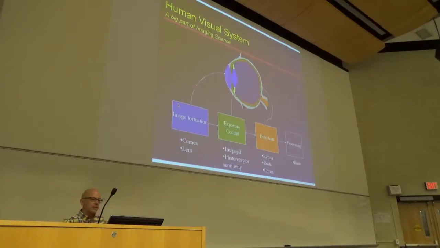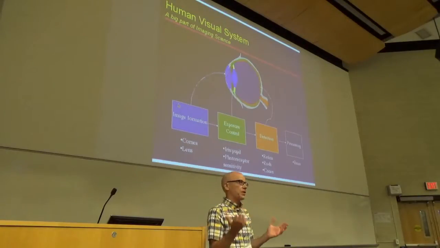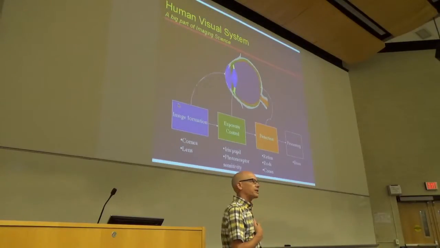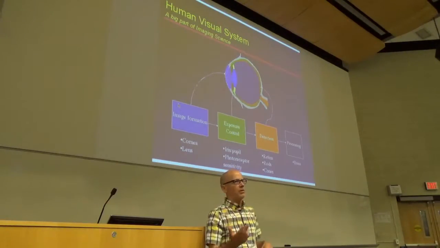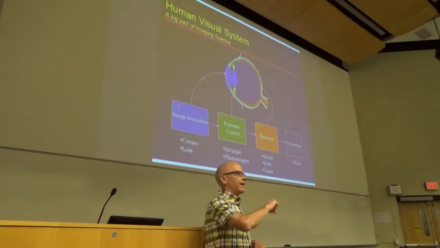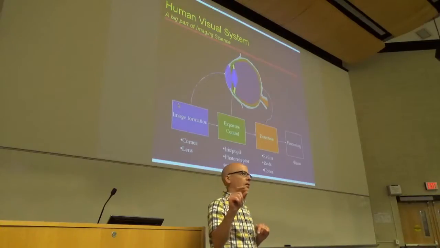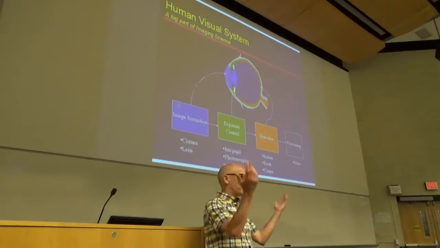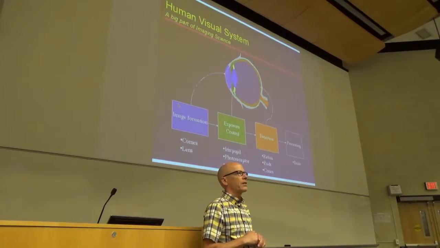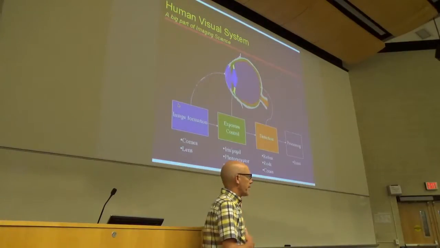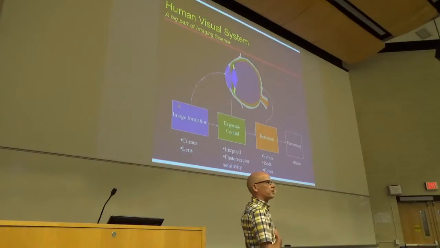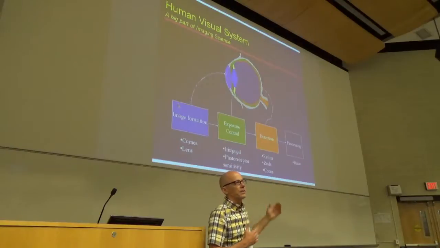Okay, so one of the things I start out with, the way I teach this course is that we teach a system. And so I actually start with the human visual system as a system. It's got components. It's a chain of processes that must occur for us to have this perception of visualization that we have. And so I break that down, and this is almost the outline of the course in some fashion.